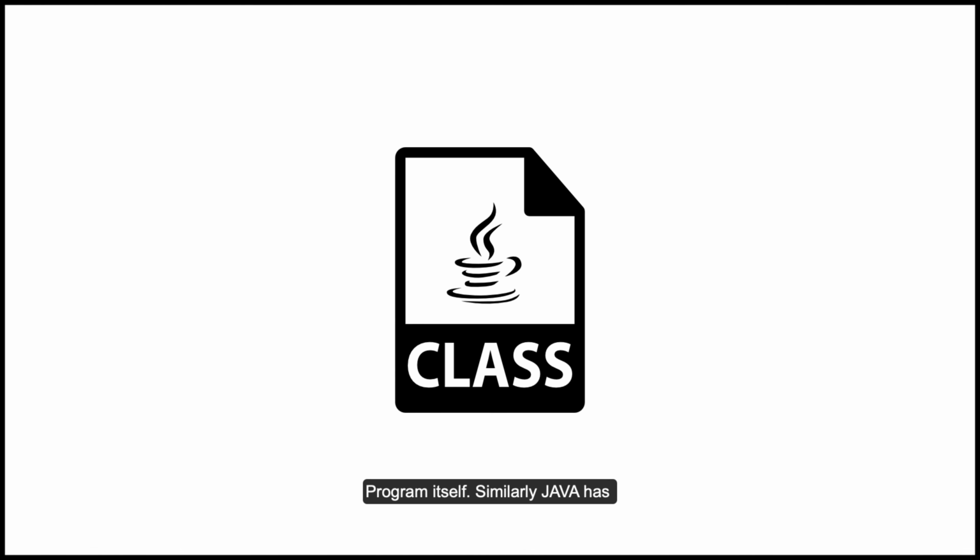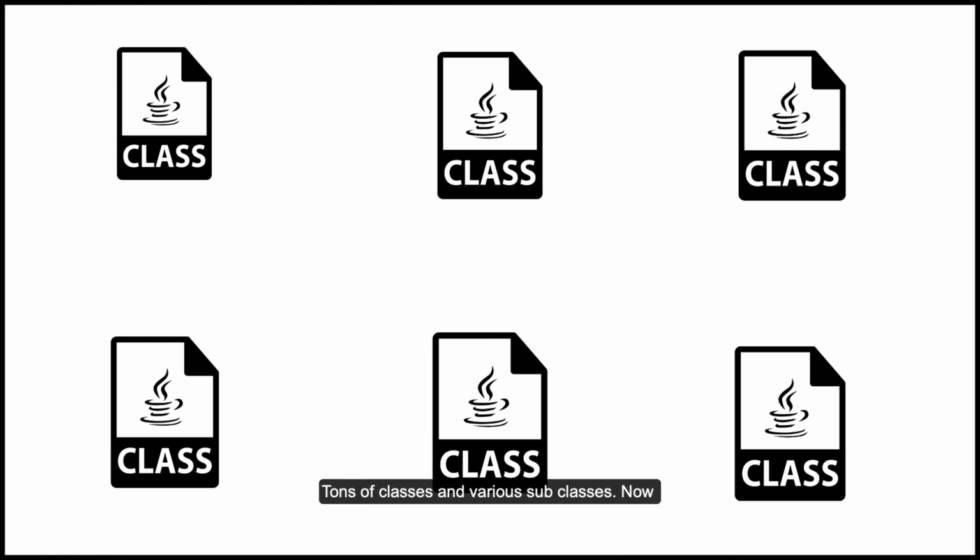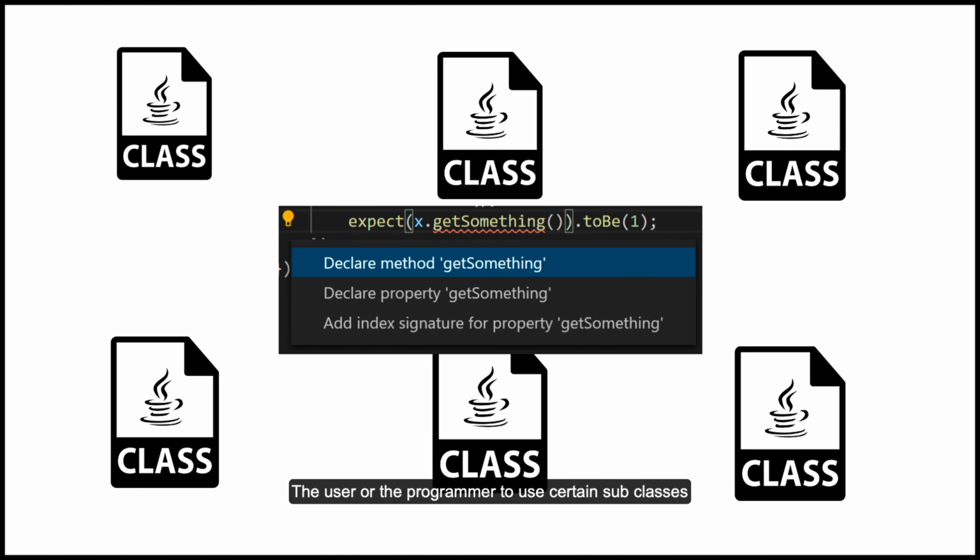Similarly, Java has tons of classes and various subclasses. A Java compiler will basically hint and suggest the user or the programmer to use certain subclass, class or syntax. This will allow him to program faster.